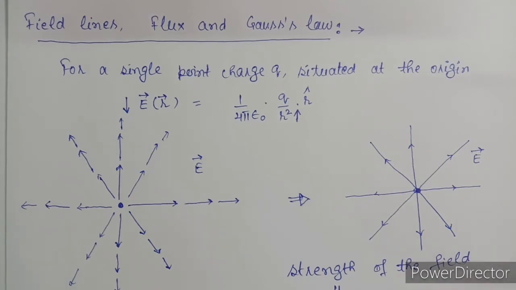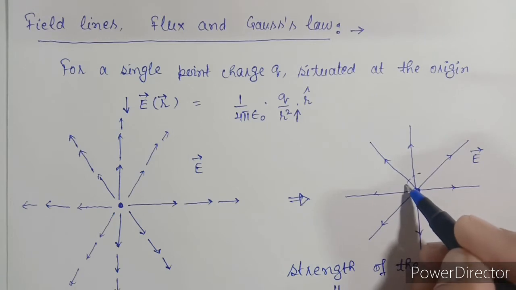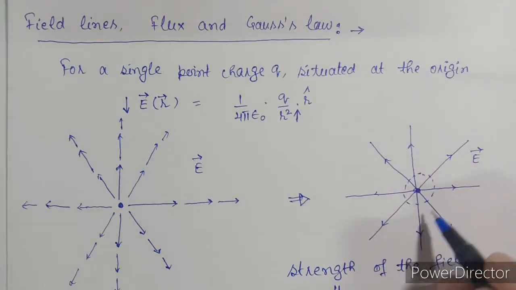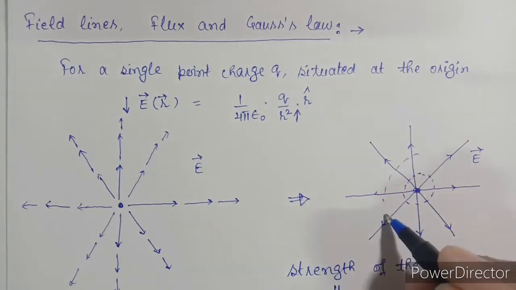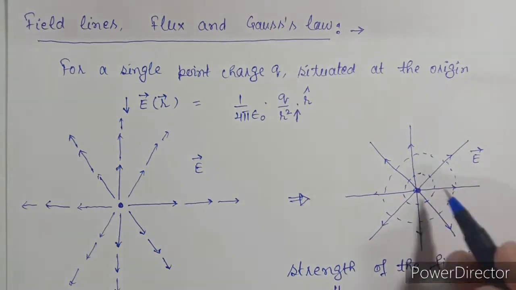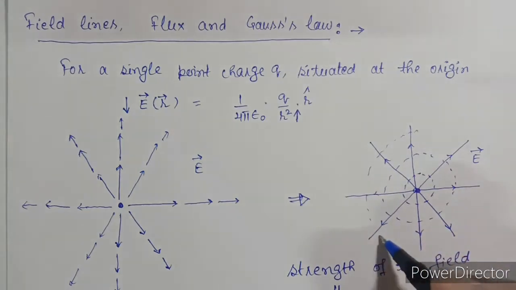So near the origin, the number of lines is more as compared to here at this point when we move away from the origin, and so on.